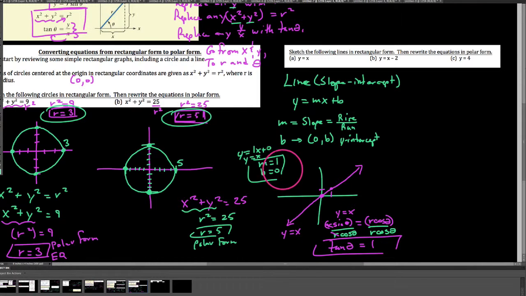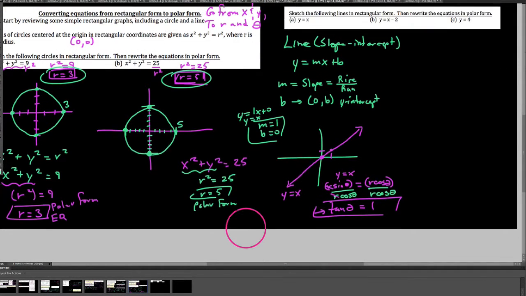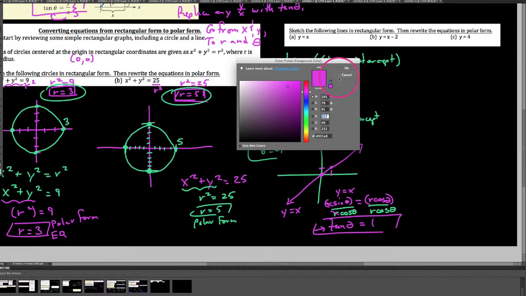Now, when you are writing an equation from rectangular into polar, what we're going to say is this: if there's no r in this equation, then get theta by itself. So we're going to make a note, and we should make this a big time note, so we'll change our ink to red.